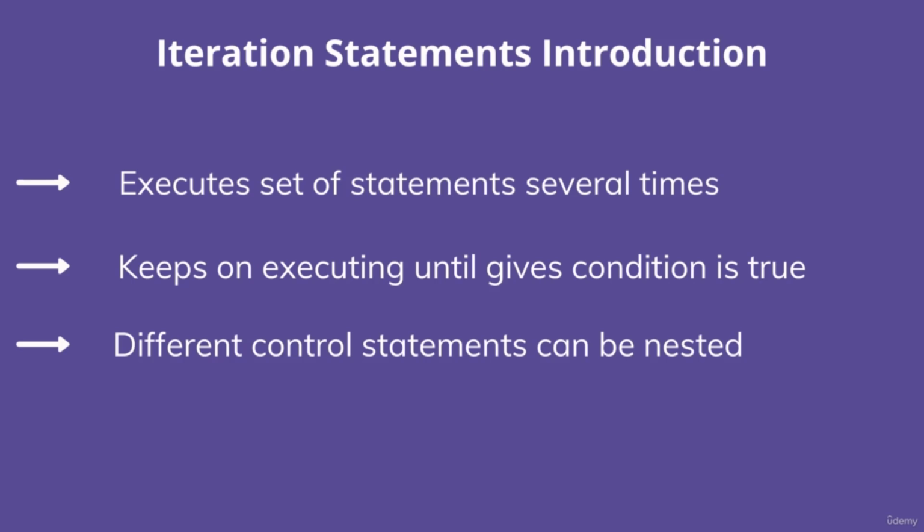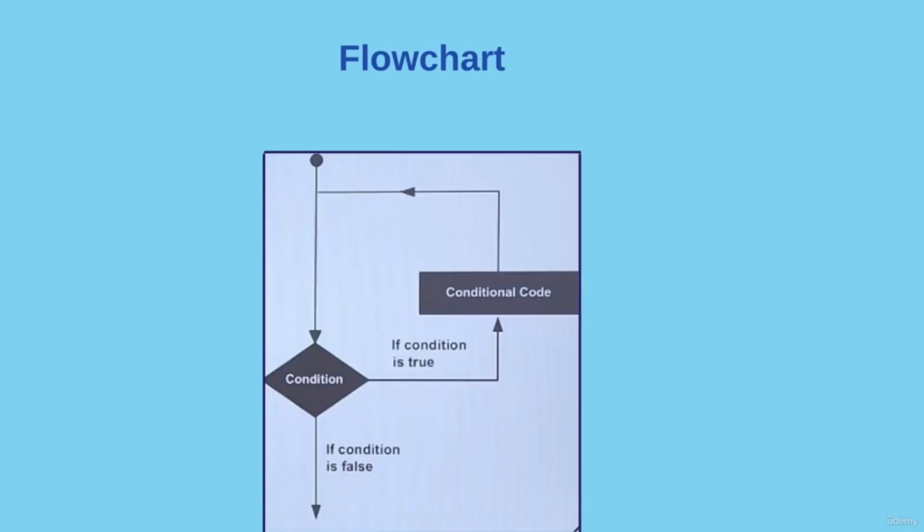So this is what is written here: it keeps on executing until a given condition is true. Whenever you start writing these control statements, whether conditional statements or iteration statements, logically as per your requirement, you can make them nested to any level. Here is the basic idea of how iteration statements or loops get executed.